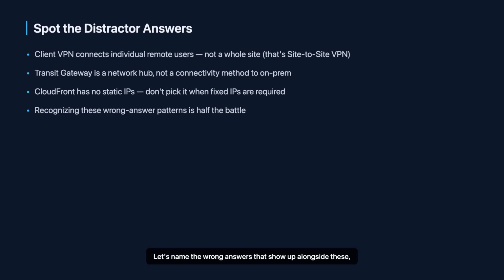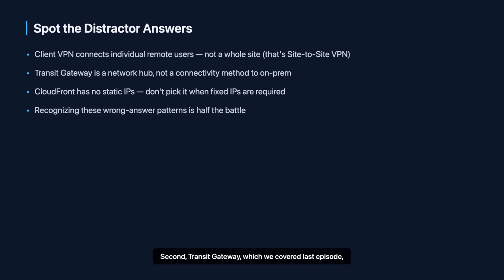Let's name the wrong answers that show up alongside these, because spotting them is half the battle. First, Client VPN connects individual remote users, one person's laptop, whereas site-to-site VPN connects a whole office or data center. So when the requirement is an entire site, Client VPN is the wrong choice.